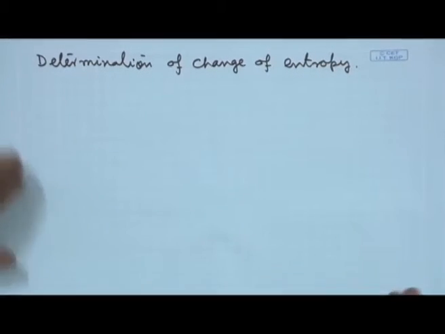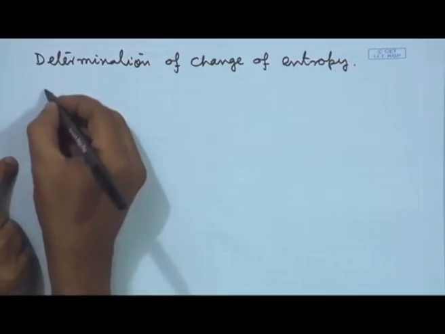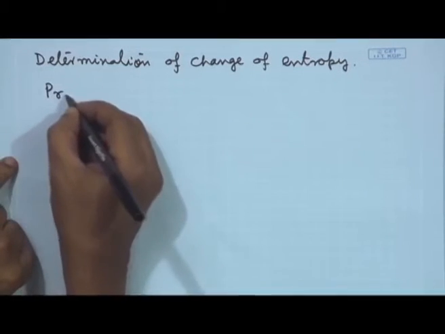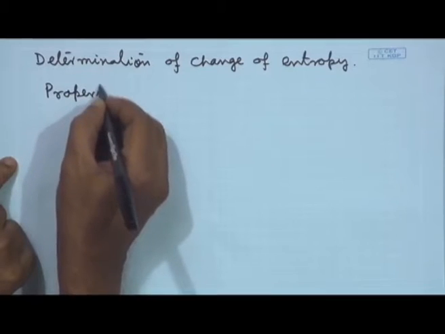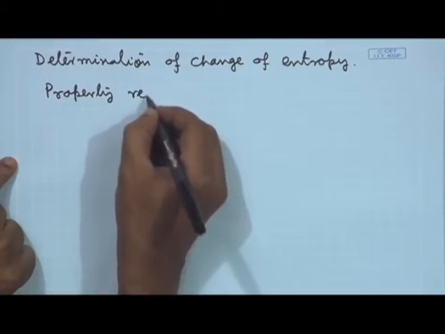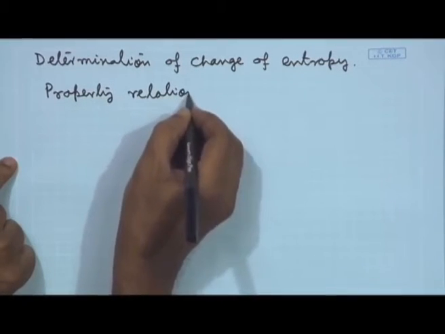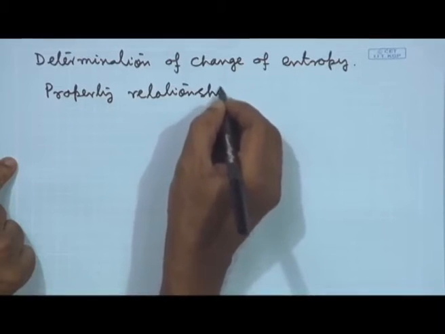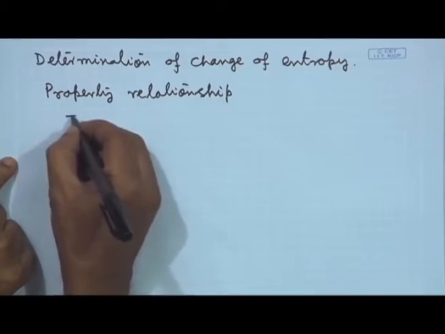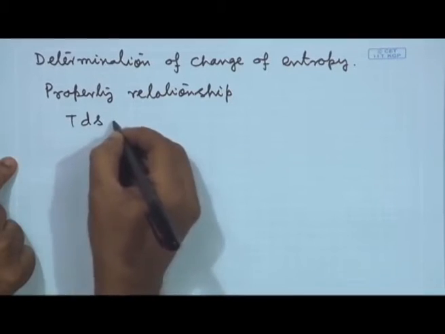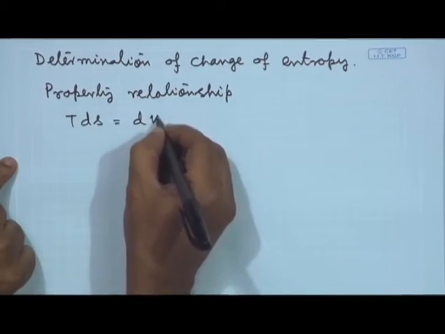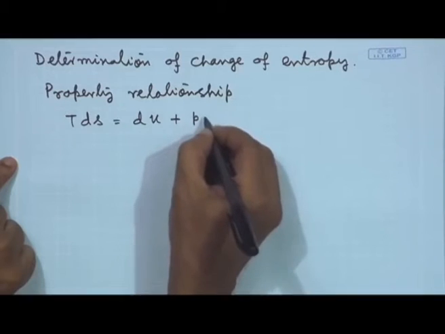How do we do that? Combining the first and second law, the property relationship one can get is TdS equals du plus Pdv.